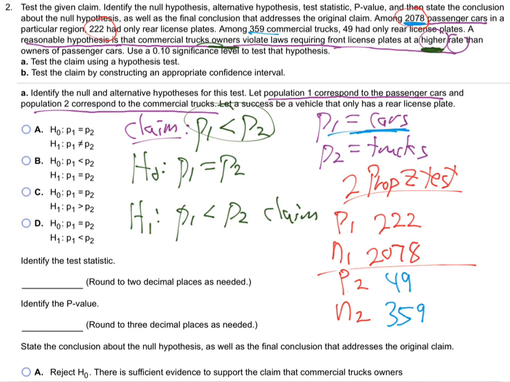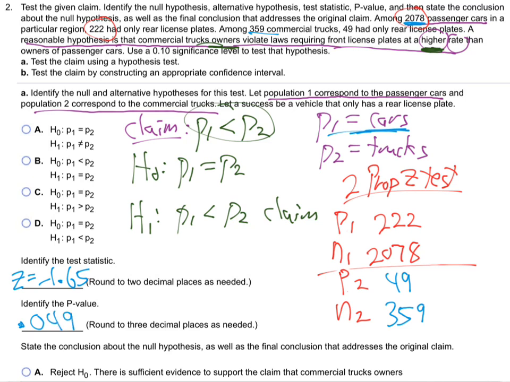Two-prop Z test, and we're doing a less than test. Calculate it. First off, it wants the test statistic. So I got Z, what is it? Negative 1.65? Did y'all get that okay? And then the p-value, it wants 3 places. 0.049.